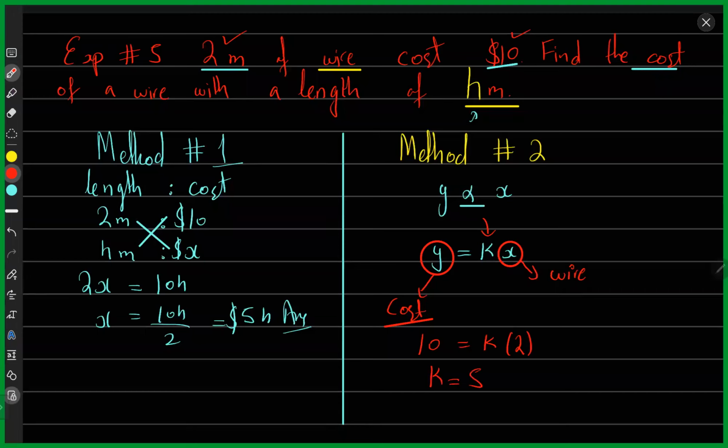Now I need to find out the cost. I know that Y is equal to 5x, where this is the cost and this is the length of wire. So if I am interested in knowing the cost for h meters, I'll do Y equals 5h, and this is going to give me the answer.